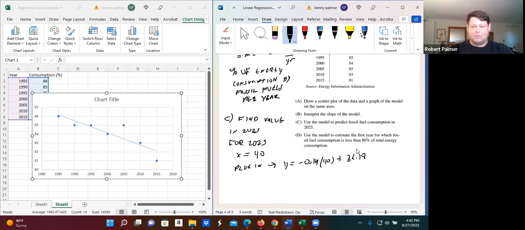Let's find what that value is. And that value should be about 80.58%.